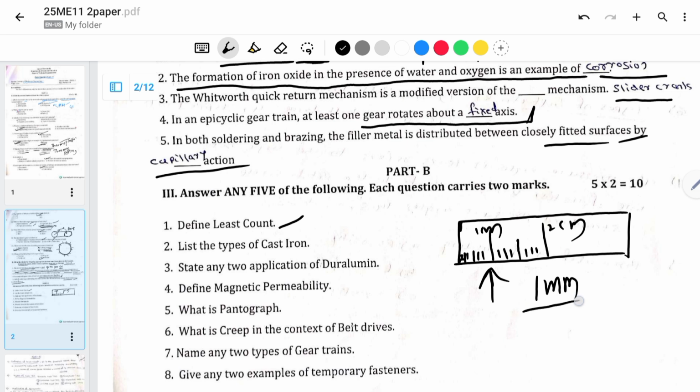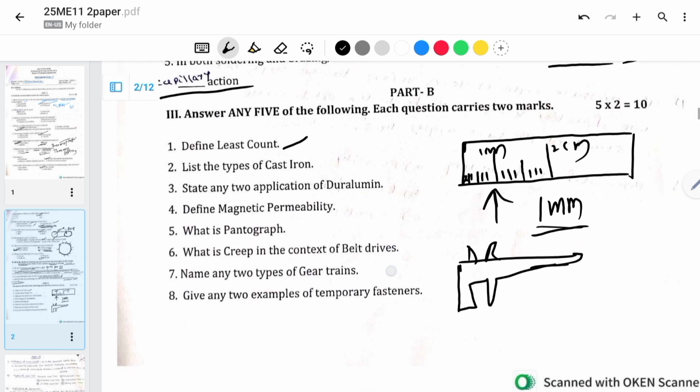Okay. In a similar manner, when you are measuring with the vernier caliper, it has a minimum value that you can measure with the help of the vernier. Whatever the minimum value you can measure, that is called the least count.